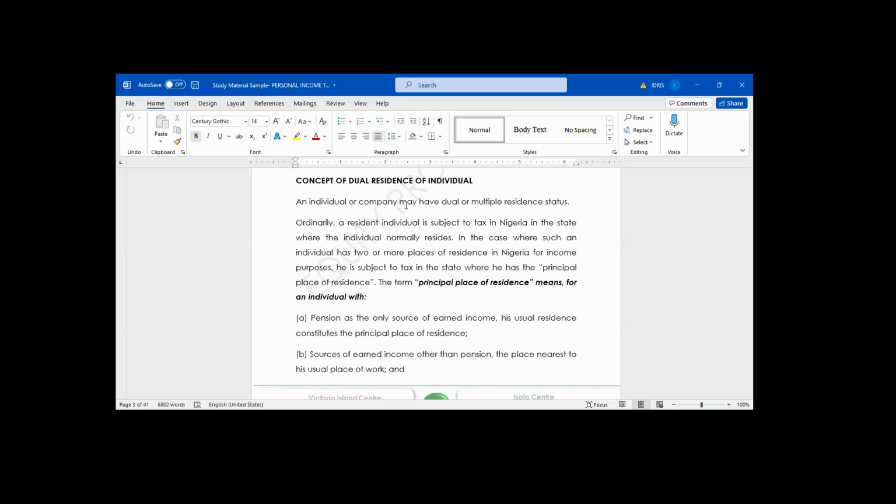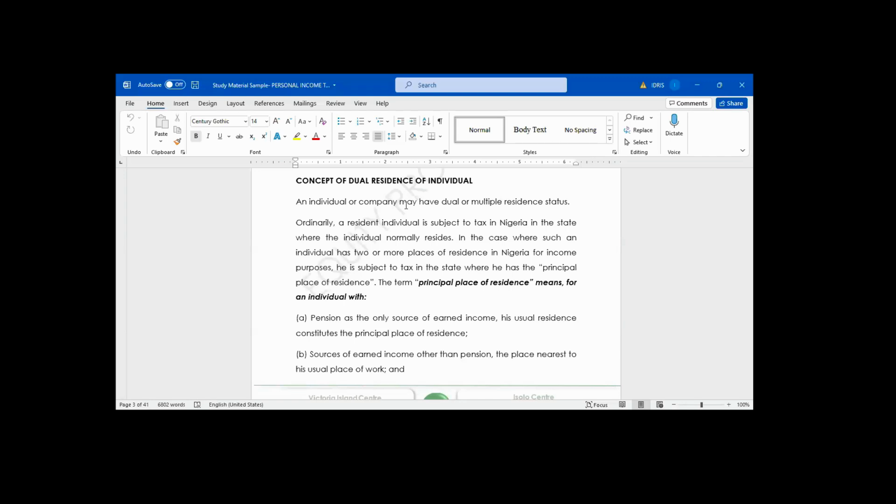Again, the principal place of residence also depends on the type of income that you receive. Assuming the only income that you receive is pension, your principal place of residence will be your usual place of residence out of the two. Which one do you reside in most?